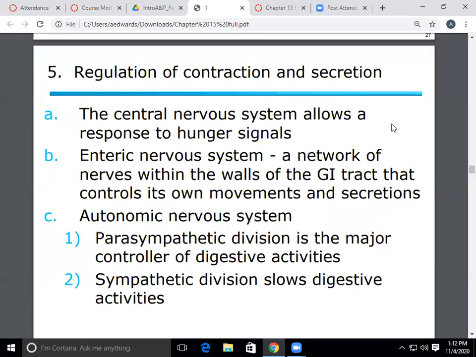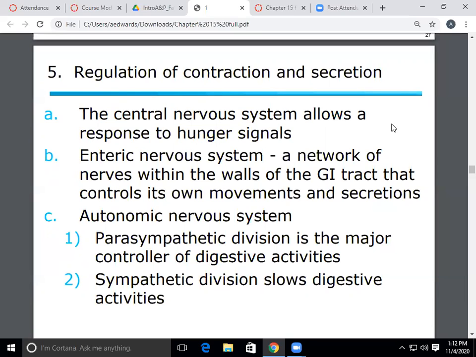This is a digestive system, but the digestive system doesn't work alone. It works in concert with other systems, like the central nervous system and the peripheral nervous system. Your central nervous system, your brain, your spinal cord, allows you to respond to signals of hunger.